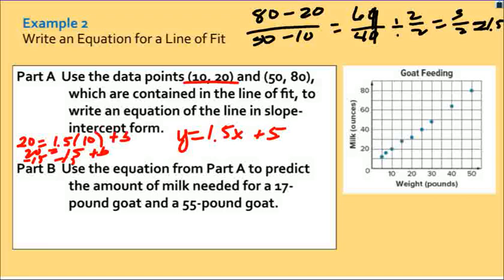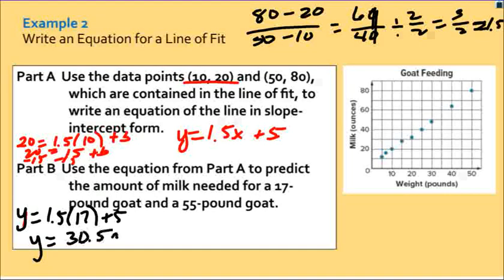Now if I use that equation, predict the amount of milk needed for a 17-pound goat. X means the pounds. So if I put y equals 1.5 times 17 plus 5, we would get 30.5 gallons.